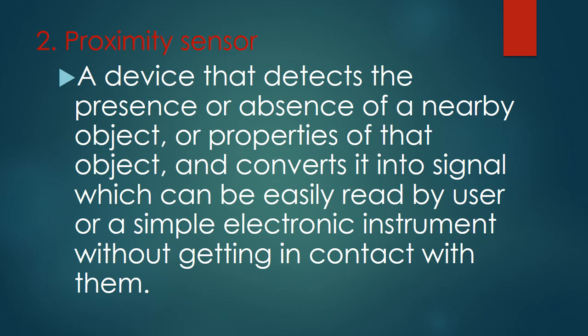So the proximity sensor just converts the detection of presence or absence of any obstruction or a nearby object into a corresponding signal that can be understood by the system, which converts this value into a value which is readable or understandable by the user.